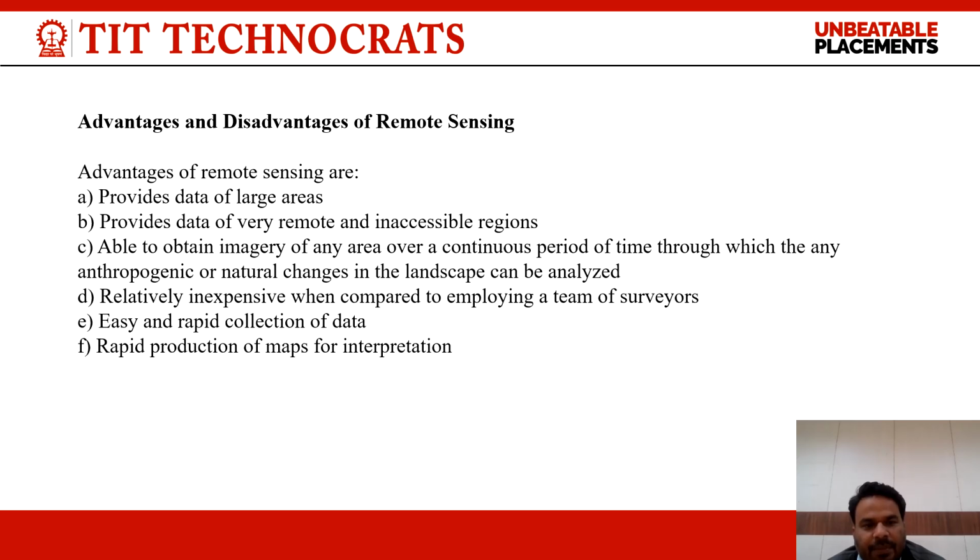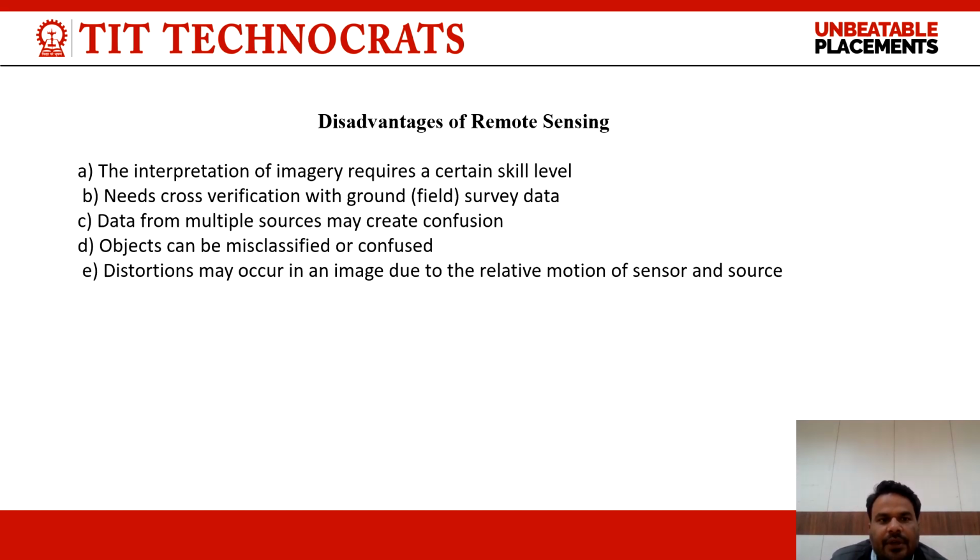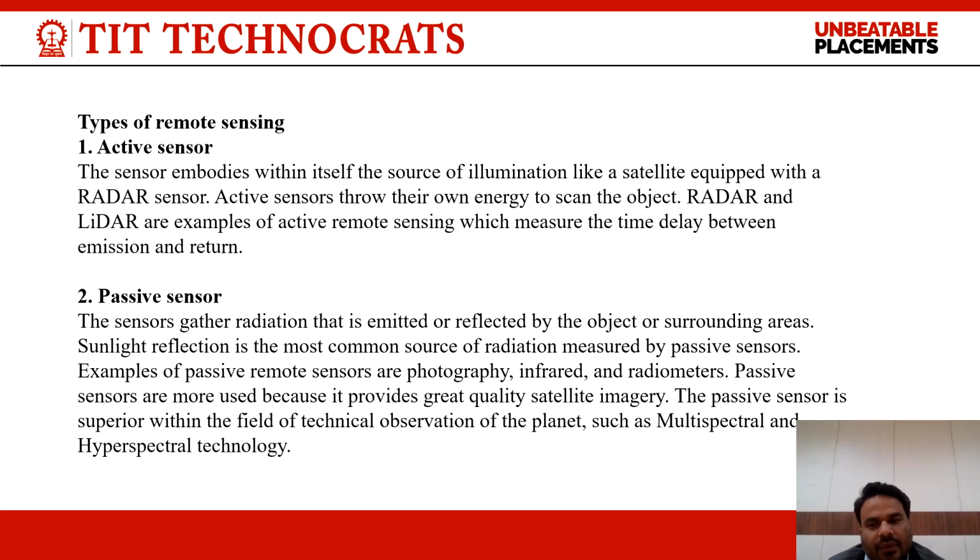It allows easy and rapid collection of data, rapid production of maps for interpretation, and is relatively inexpensive when compared to employing a team of surveyors. Disadvantages: interpretation of imagery requires a certain skill level, it needs cross verification with the ground, data from multiple sources may create confusion, objects can be misclassified or confused, and distortions may occur in an image due to relative motion of sensor and source.